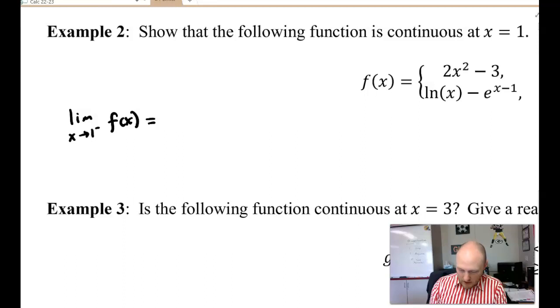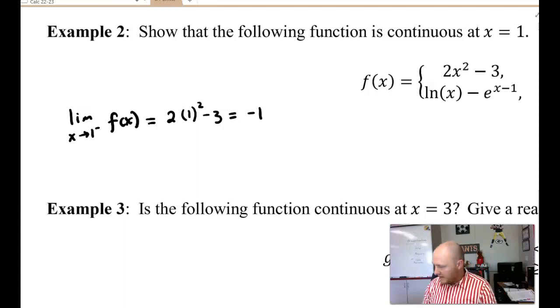I'm going to evaluate at 1 for my piece from the left, which is 2x squared minus 3. So 2 times 1 squared minus 3 gives me negative 1. The limit from the left is negative 1. Okay, what's the limit from the right?